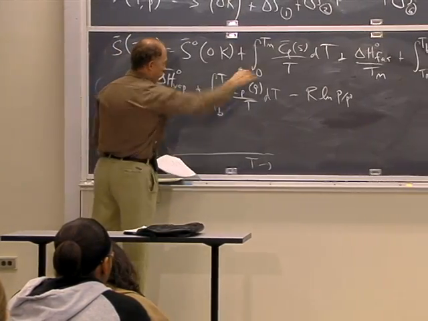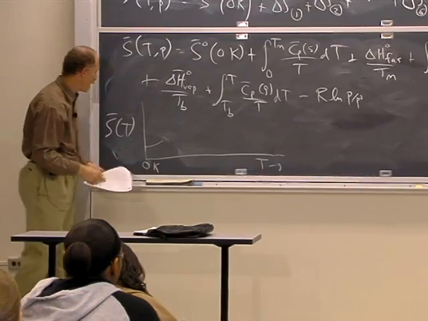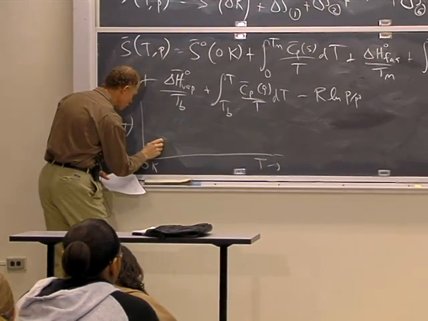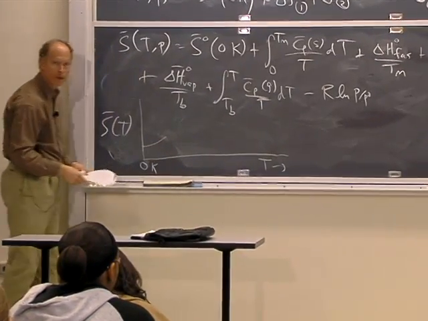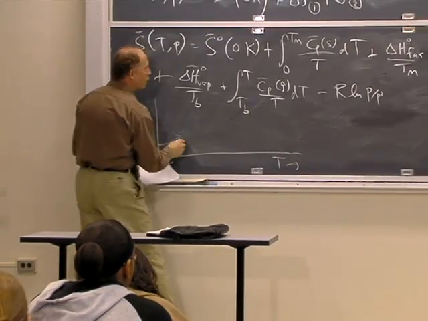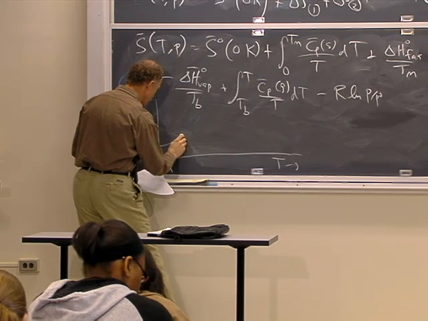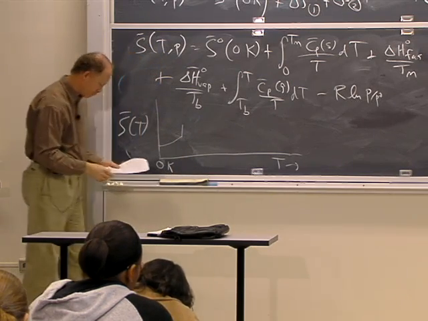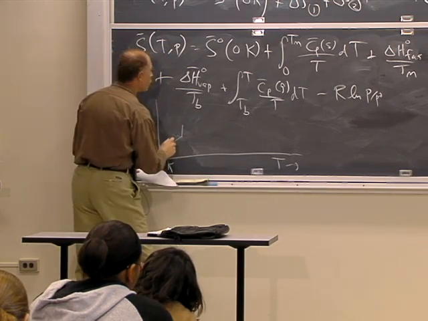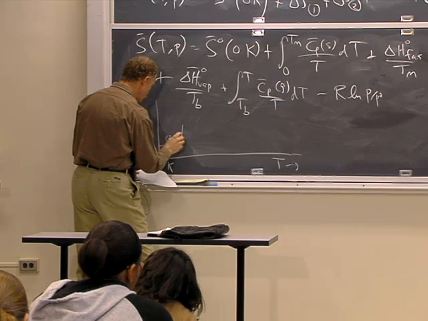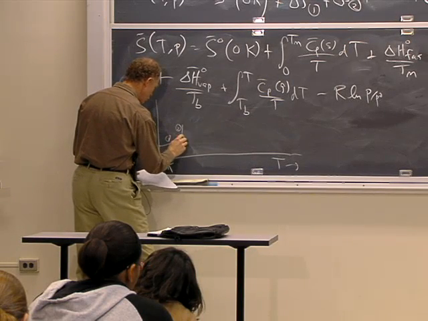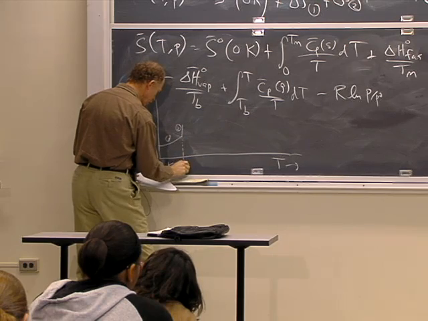This stuff's all positive, so the change in entropy is going to be positive. Entropy is going to increase as this happens. And then there's a change right at some fixed temperature as the material melts. So here's step 1. Here's step 2. This must be the melting temperature.